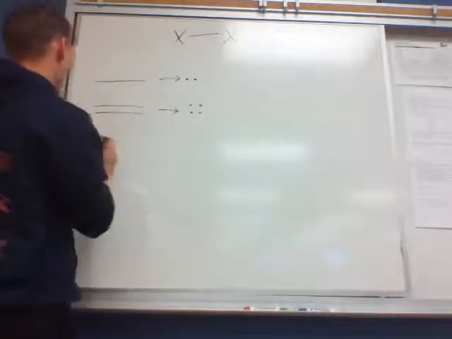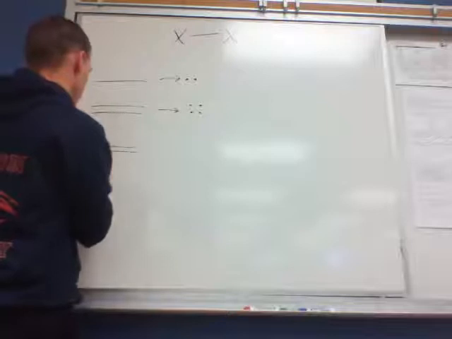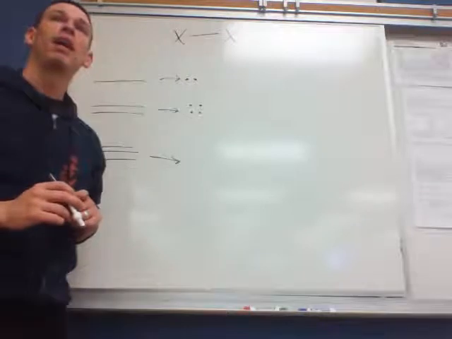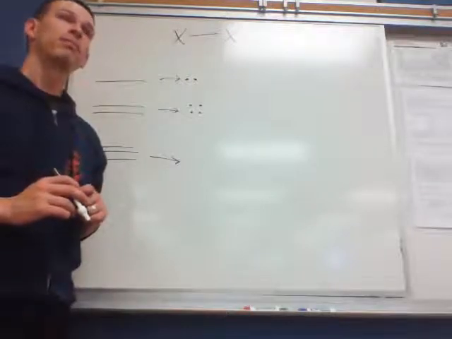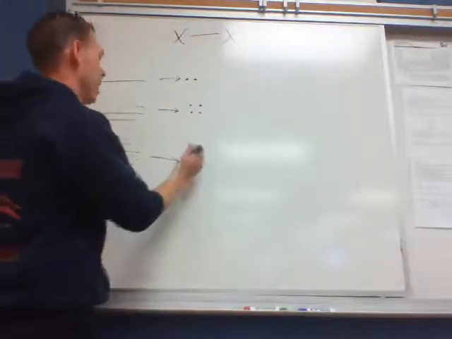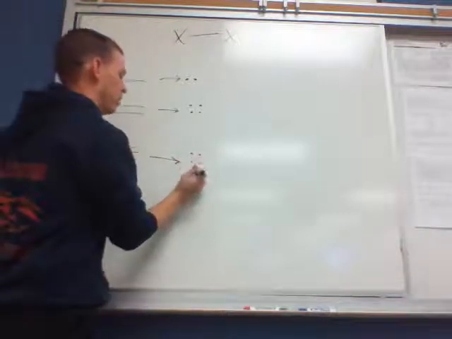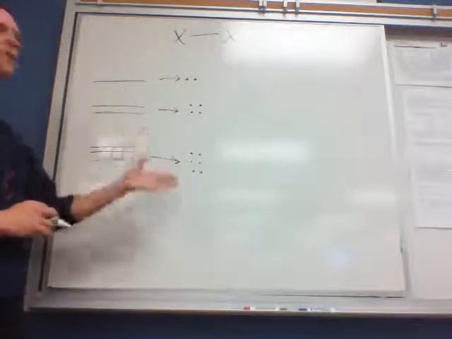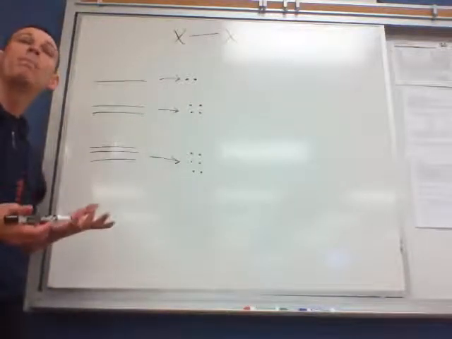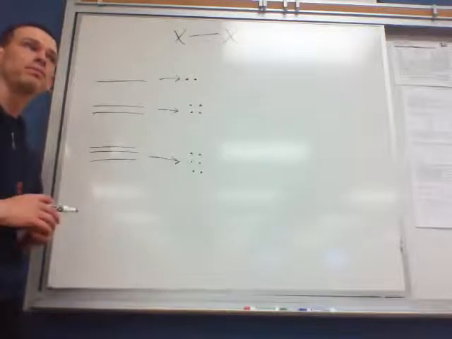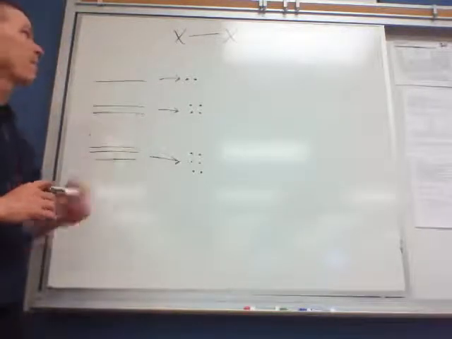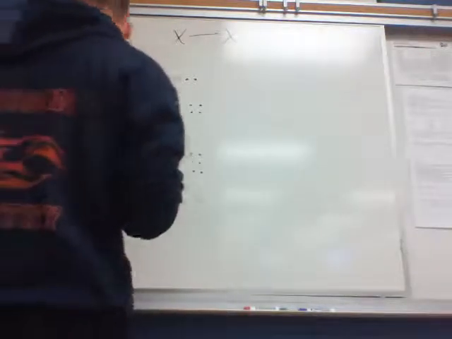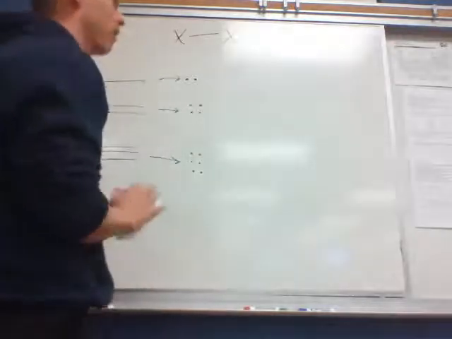The biggest type of bond you can have is a triple bond. How many electrons does a triple bond represent? 6. Every line is 2. So you'll see these different variations show up in our pictures today as we start bonding nonmetals together. Remember, it'll only be nonmetals because that's the definition of a covalent compound.